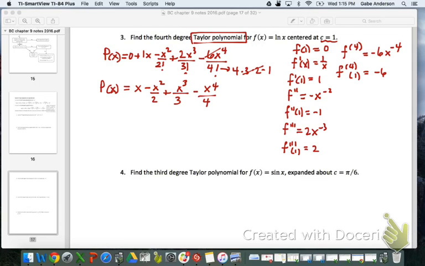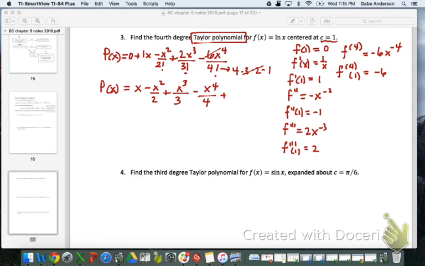I think you can start to see a pattern taking shape here. I'm guessing the next term would be plus x to the 5th over 5 plus dot, dot, dot. Keep going. Definitely an alternating series. And it doesn't say this, but we could definitely write an nth term. Let's do that.